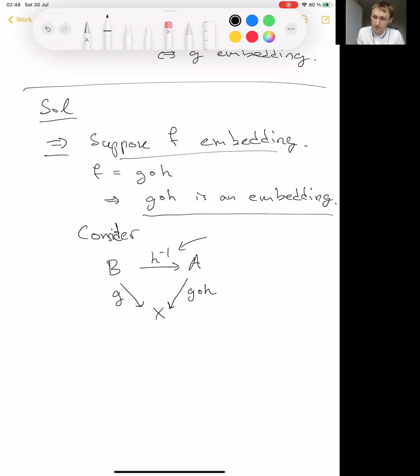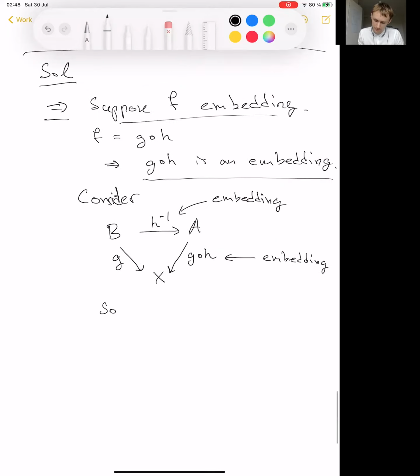So H inverse is also an equivalence, so that's an embedding. And we have that this is an embedding. So by 3.1, what we just proved in the previous part, this forces G to be an embedding.